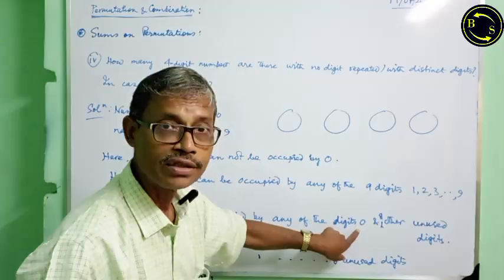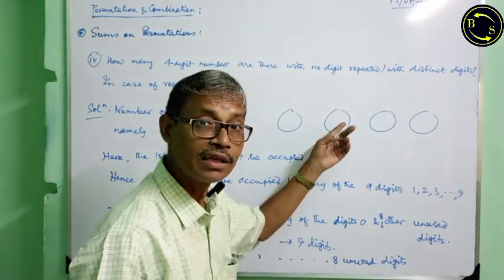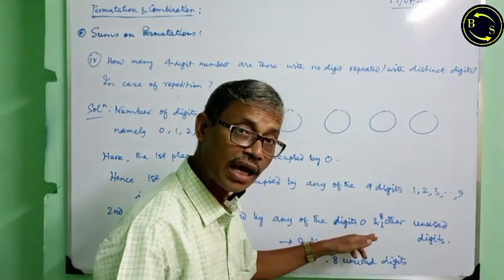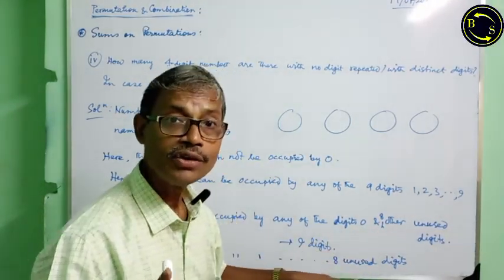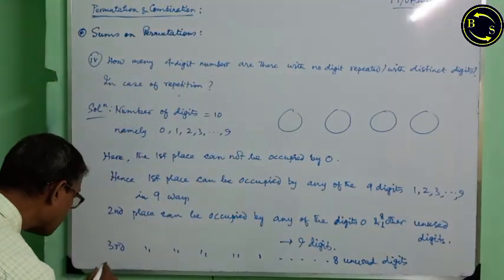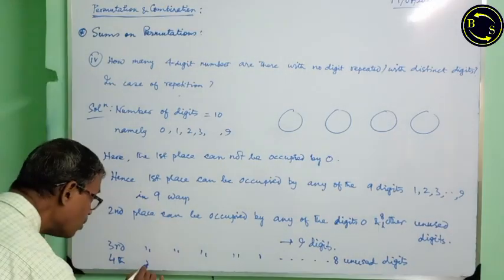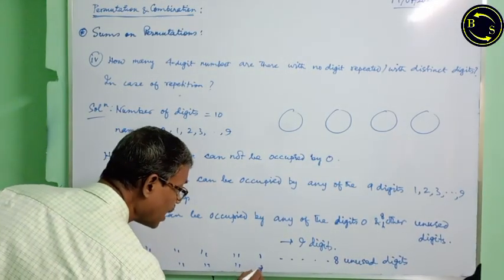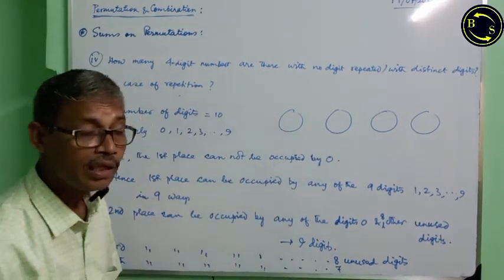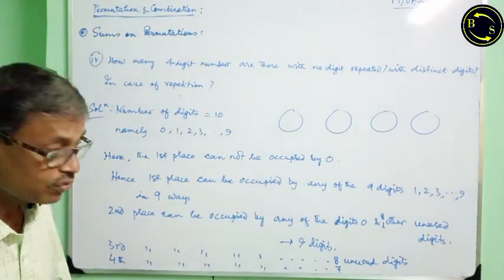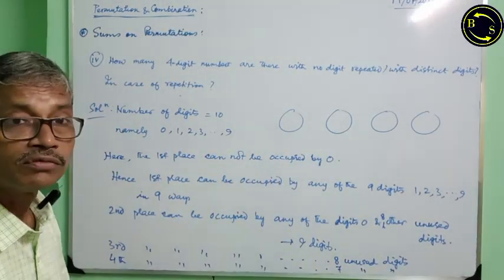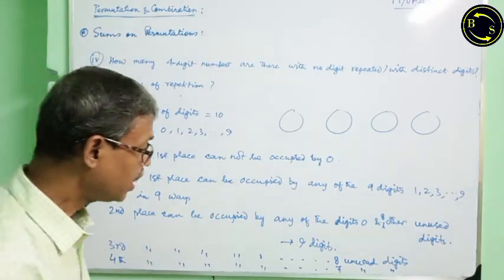That means totally 9 digits. Then after filling that second place, we have still 8 unused digits. And the fourth place can be filled by the remaining 7 unused digits. Follow that concept.